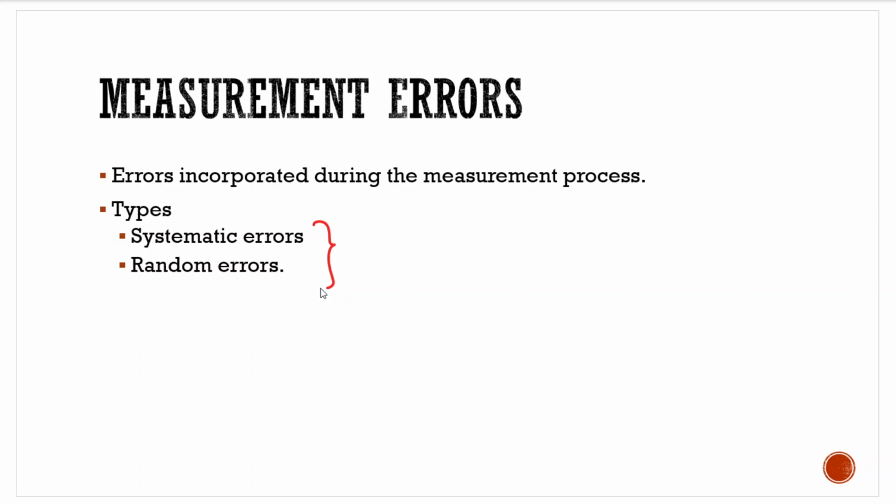While we are trying to measure any quantity, errors that occur during that process are referred to as measurement errors. Broadly speaking, they are of two types: the systematic errors and the random errors. Again, systematic errors and random errors both have subtypes.